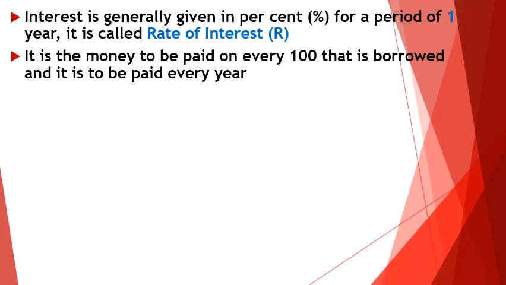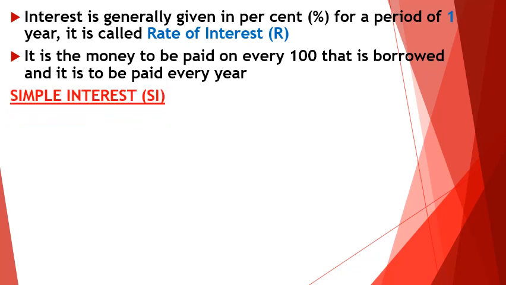That is, rate of interest 5% means for every 100 rupees we have to pay 5 rupees every year. This is the meaning of rate of interest.